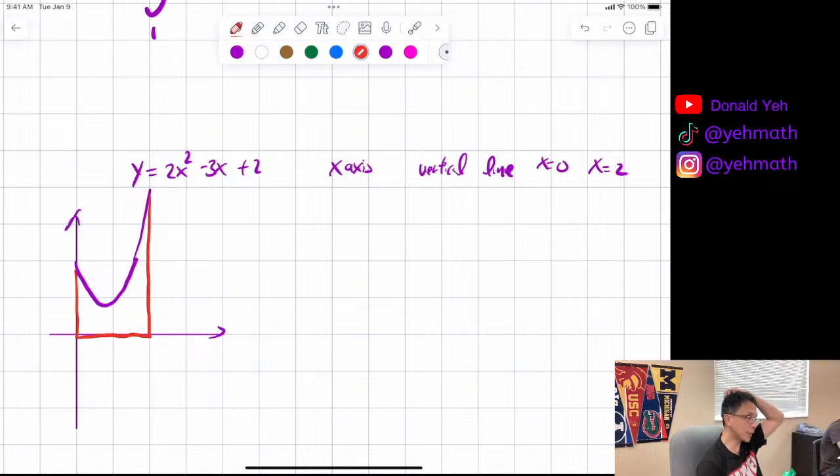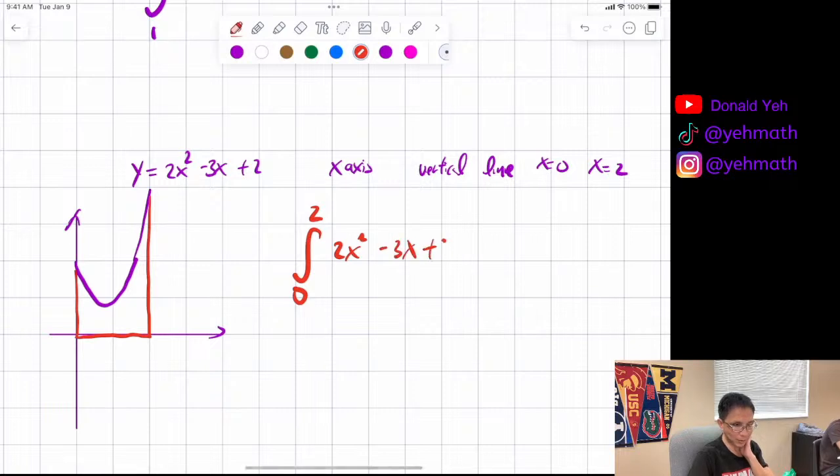So what would you take integral from where to where? Good. Oh, 0 to 2 actually. And the 2x squared minus 3x plus 2. So just integral, plug in all the information, find the value.